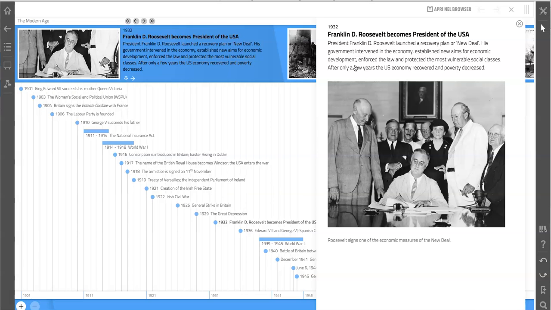He enforced the law and protected the most vulnerable social classes. After only a few years, the US economy recovered, and the poverty decreased thanks to the president's plan called the New Deal.